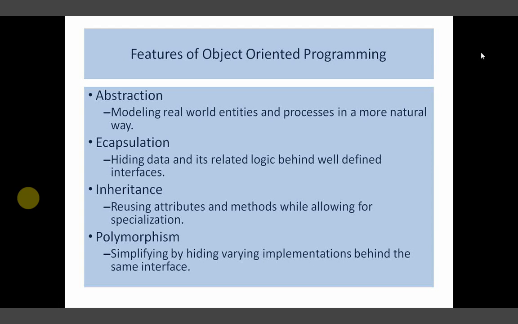So with the same method name, create account, we would be trying to perform different tasks. That's nothing but polymorphism. So these are all the features of an object-oriented program: abstraction, encapsulation, inheritance, and polymorphism.